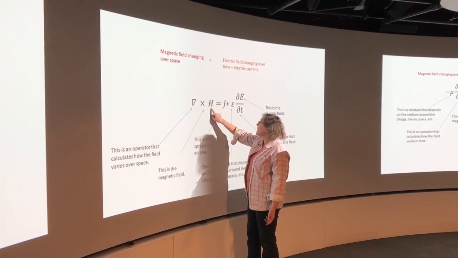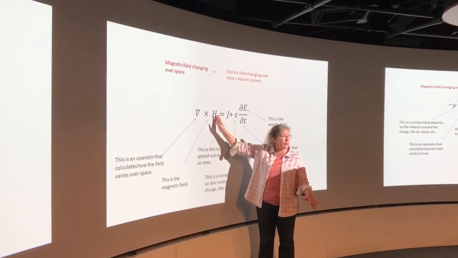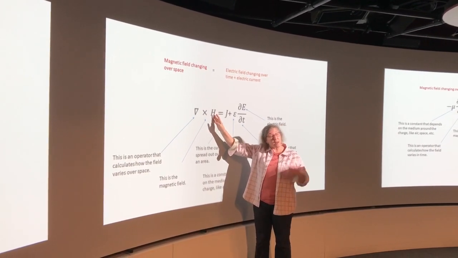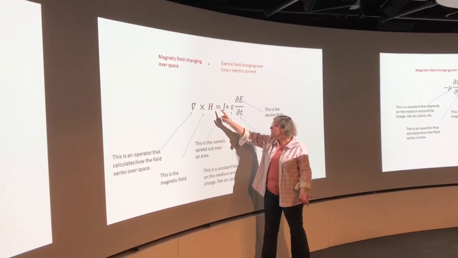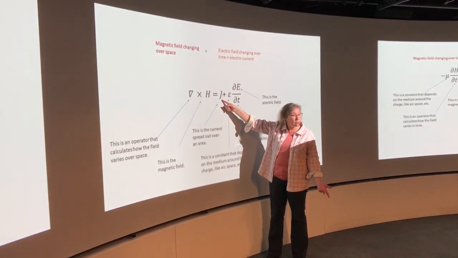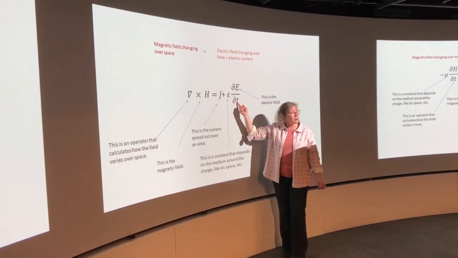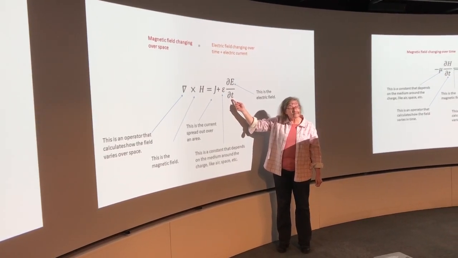So this would be a magnetic field that varies over space. It'll be 0 if there is no varying over space. It'll be non-zero if there is varying over space. This gives us a current. Oh, it's something else. It gives us an electric field that varies over time.